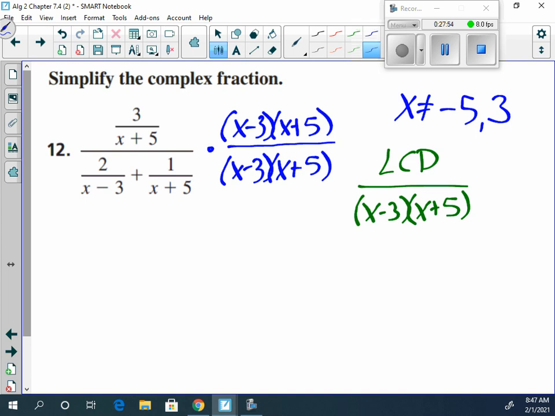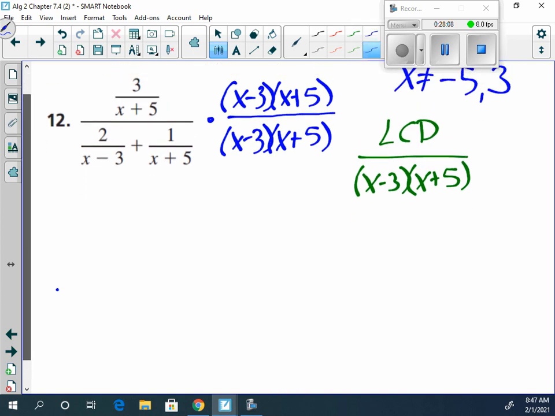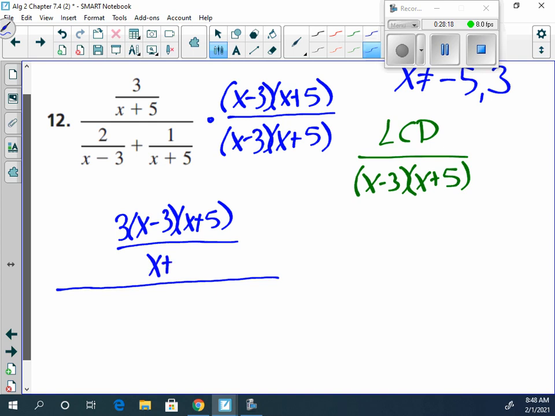So even though x plus 5 appears twice, one in the numerator and one in the denominator of this complex fraction, we only need it once because in each of those spots it only appears once. So on top here we're going to have 3 times x minus 3 times x plus 5 over x plus 5.